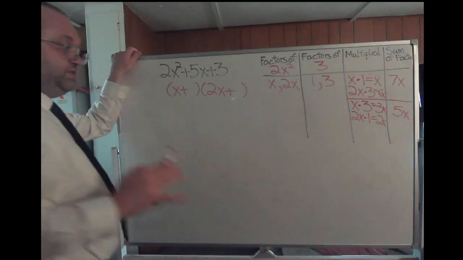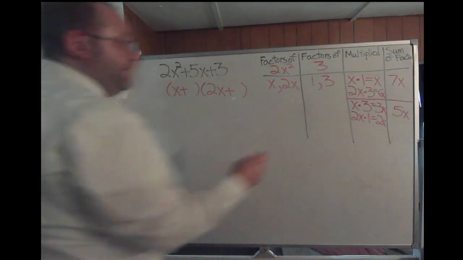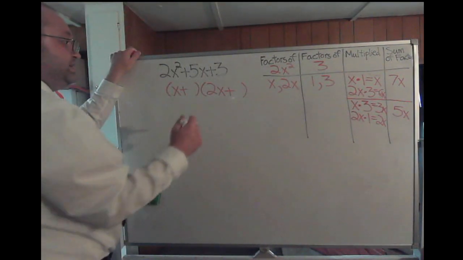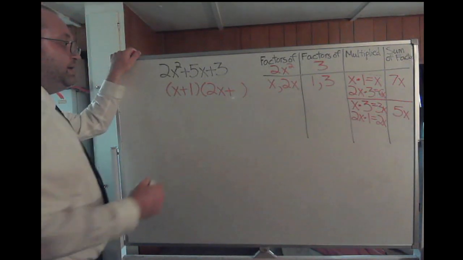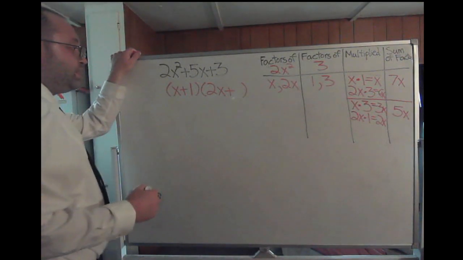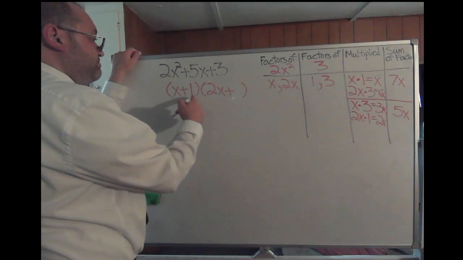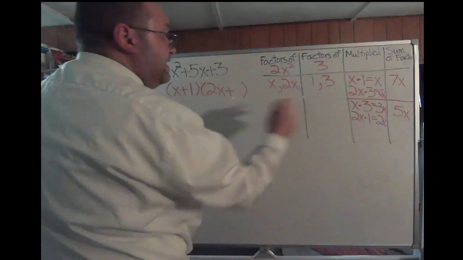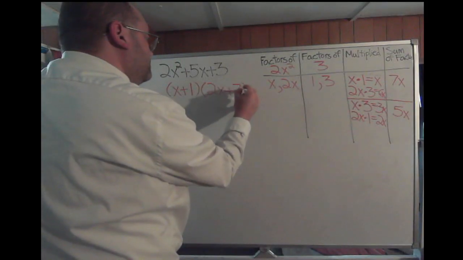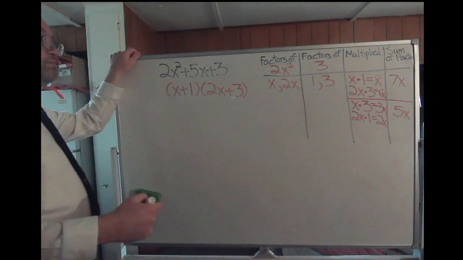Now, what are those somethings? Well, we had 2x times 1 being 2x, so you're going to put your 1 here, make that x plus 1. And then you're going to have your other factor of 3, because you had x times 3. That'll go at the very end of the second factor.